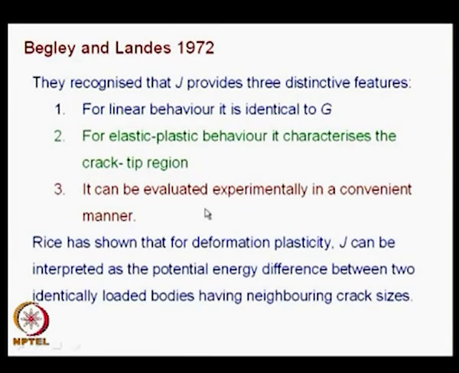You will also keep in mind that J is developed based on deformation plasticity. Rice has shown that for deformation plasticity, J can be interpreted as a potential energy difference between two identically loaded bodies having neighboring crack sizes.